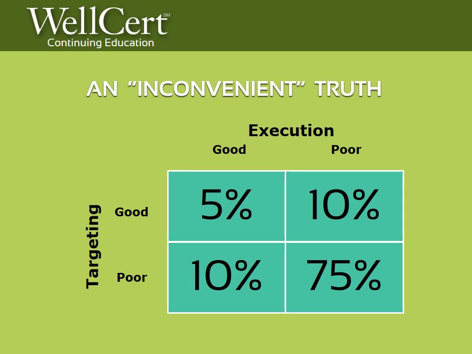That would then mean we are trying to increase the numbers that are in that 5% box and have that go up. We also want to reduce the numbers of employers that are doing wellness where the targeting is poor and the execution is poor. So we'd like to see that 75% number go down and the 5% number box go up over time.